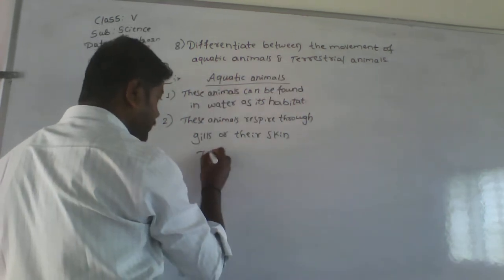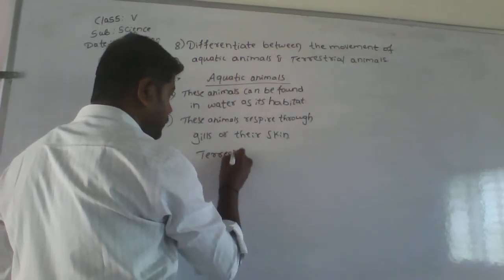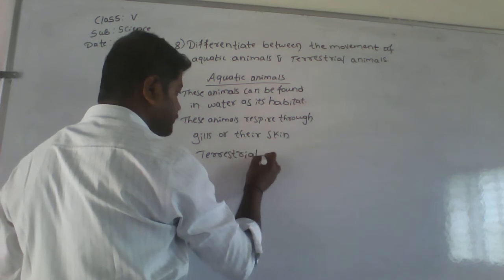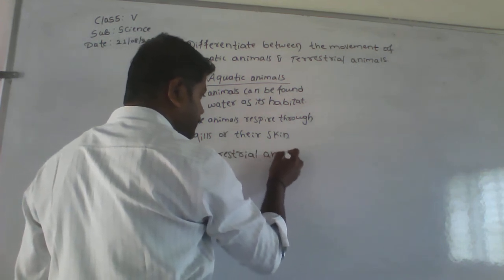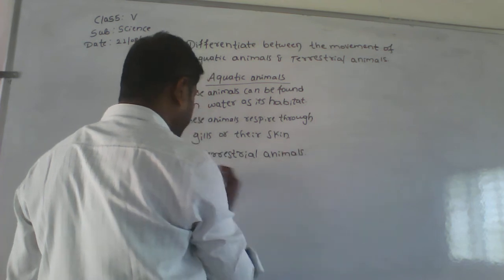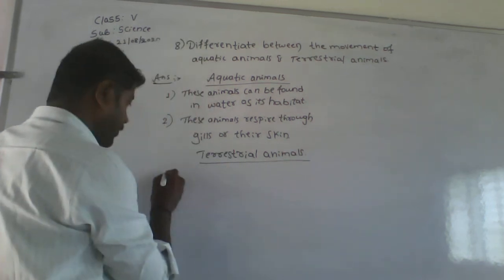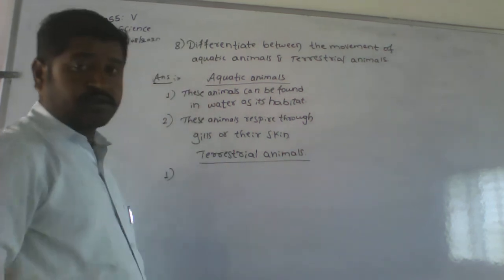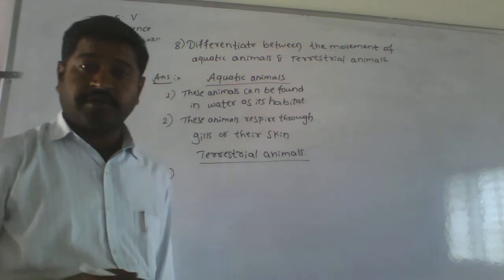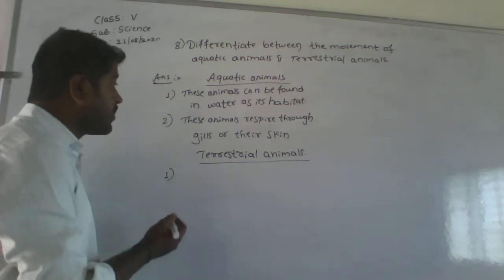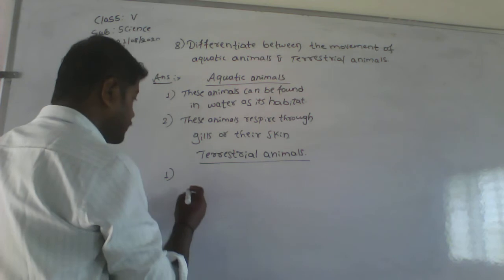So now we will be writing about terrestrial animals. Why are these animals called terrestrial? Because they are found on land.